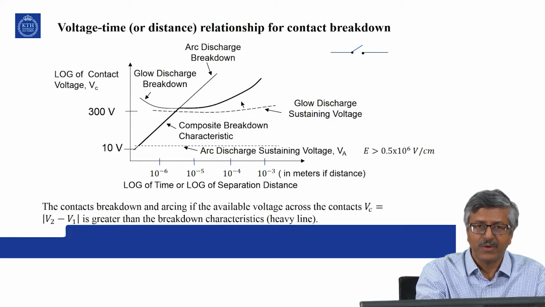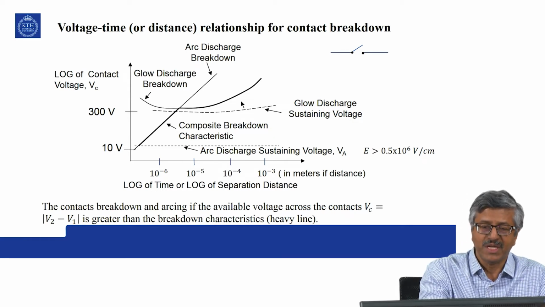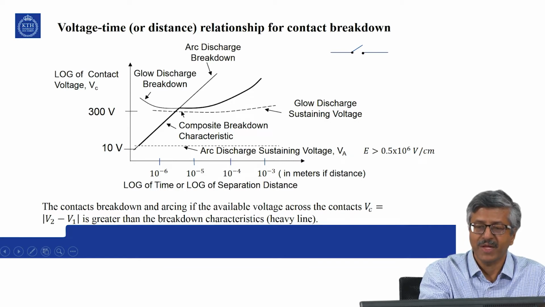So we are not going into the theory of contact high voltage physics or anything like that, but there are phenomena like glow discharge breakdown and arc discharge breakdown. So it is enough to say that glow discharge breakdown happens at much higher voltage, around 300 volts or so, and above that you have a glow discharge happening.